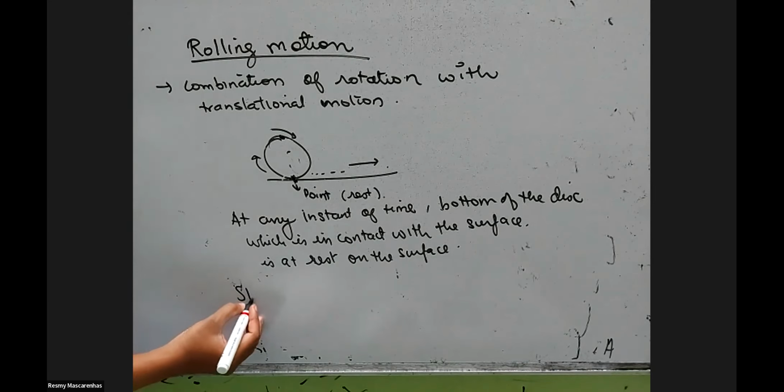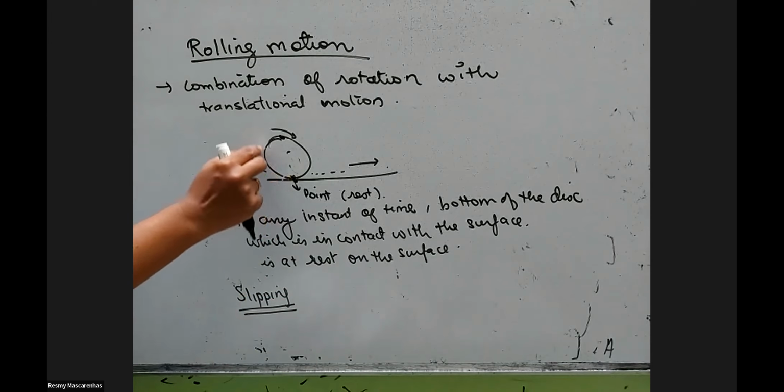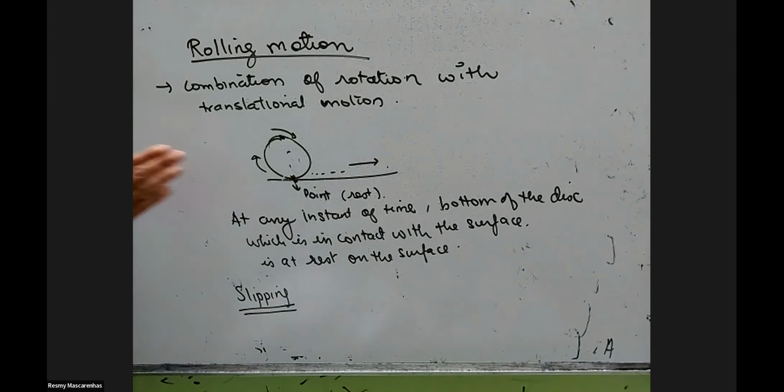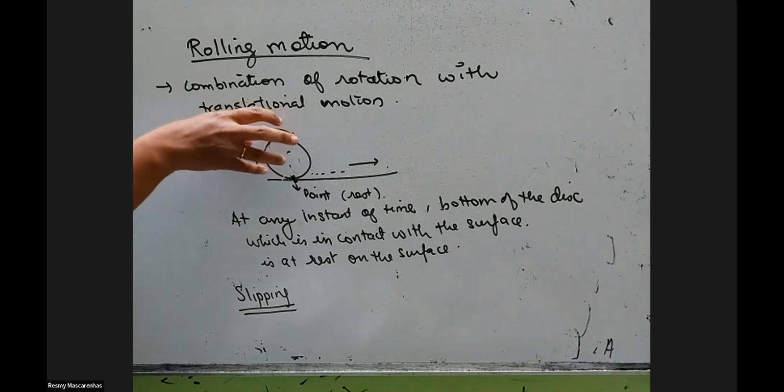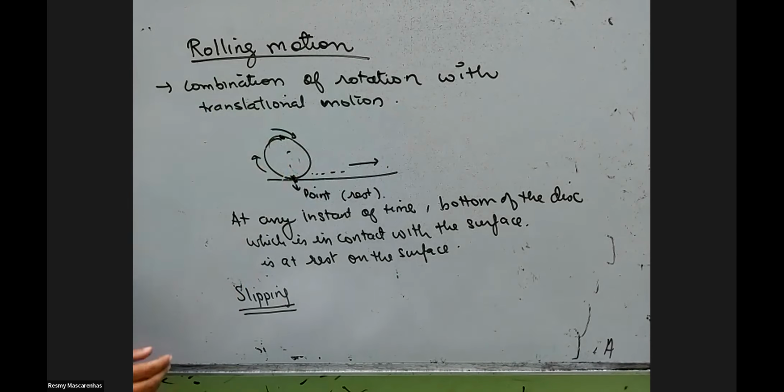Okay, what is slipping now? Imagine this ball. This is at this point. Once it rotates, this will come up. But imagine this ball was slipping. Means what? You are putting some force and just dragging this on the floor. Like imagine you are just trying to push a box.